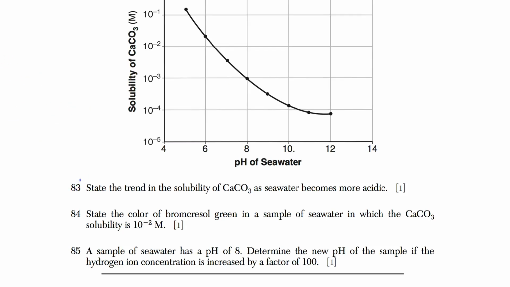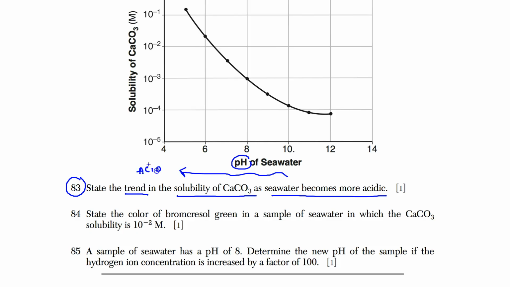So I'm going right to the question. I'm not even looking at the blurb yet. I know that because they gave me some data, I probably have to look at it, but state the trend in the solubility of calcium carbonate as seawater becomes more acidic. Well, you have to know, party people, that as the pH gets smaller, we're getting more acidic, and you should remember that.